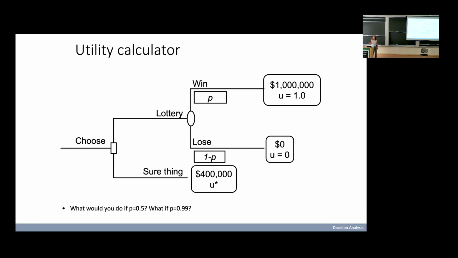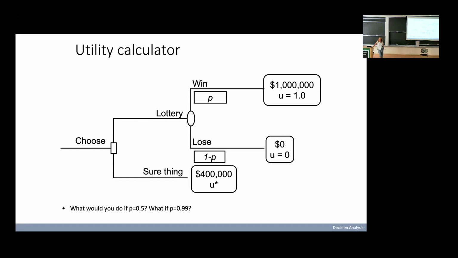Most of you chose the sure thing. What if I change that probability to 0.99? So your probability of winning is 0.99. That means you would get $990,000 expected value, or the sure thing, $400,000. Who would do the lottery?